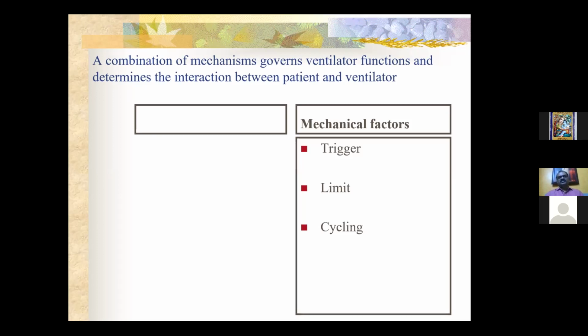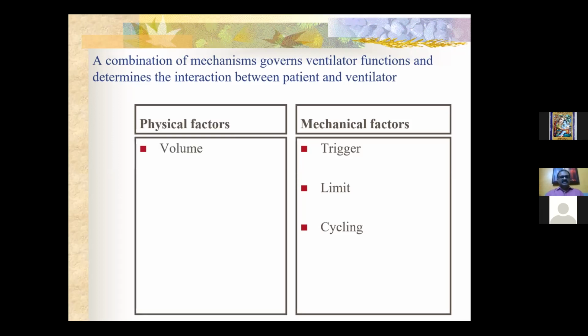Limit is up to what limit the volume has to be delivered. There are a lot of things, we will just know the terms and go on. Cycling is basically the changeover, what is going to determine when the ventilator is going to change from inspiration to expiration. So that is what we call cycling.